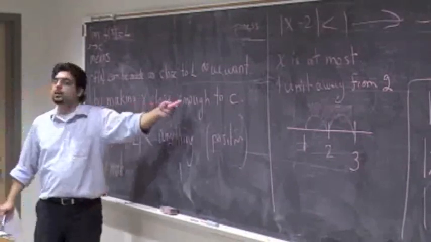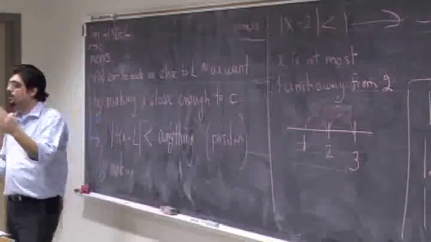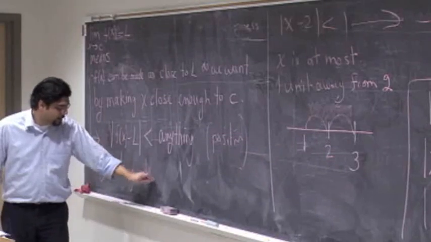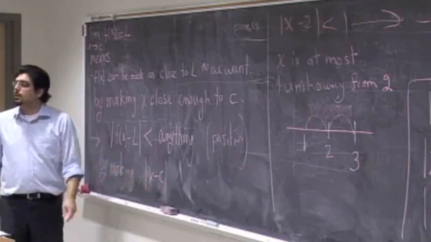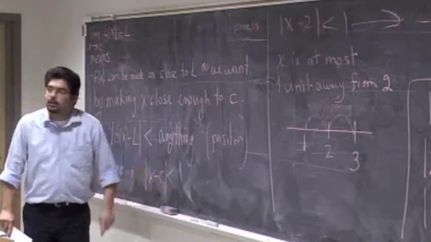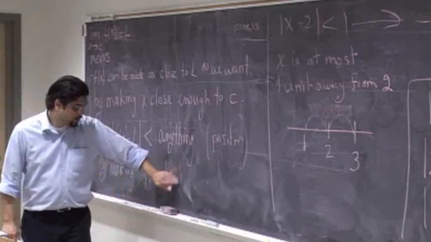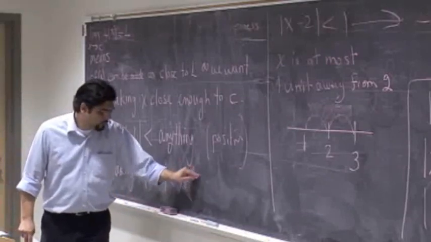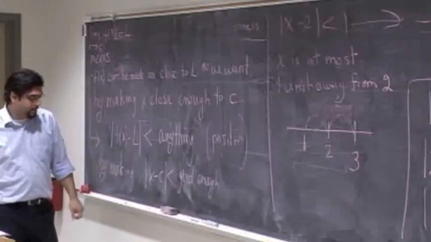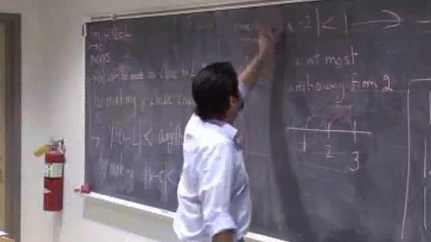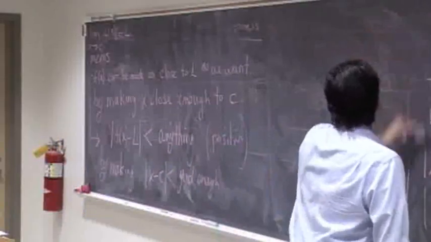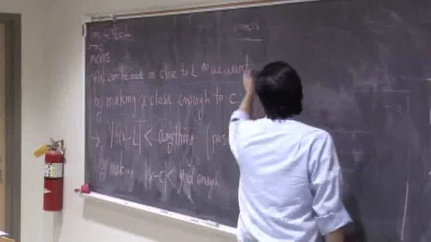Okay, now translate this. By making x close enough to c. Talking about the distance between x and c. Translate that. By making this quantity less than something good enough. Okay? Let me write it over here.